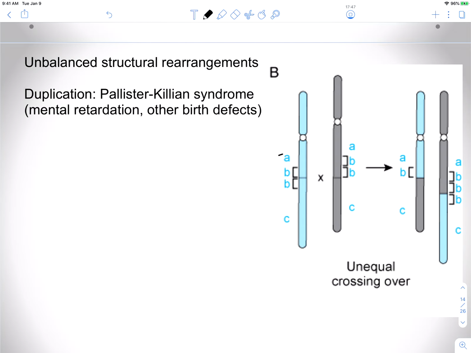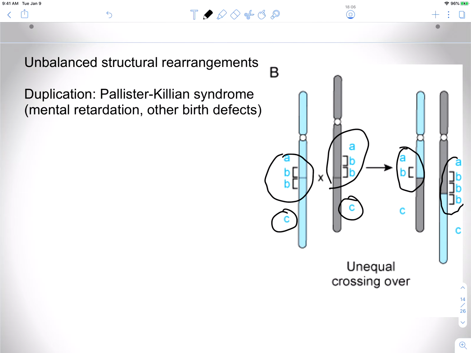So we have our A, B, B, and then we have our C region here, and then we have our A, B, B and our C region here. And so you basically are swapping these C regions, but you're expanding the B regions on one chromosome, and you're losing that on the second chromosome. And so this is caused by unequal crossing over. And so you get a chromosome imbalance.